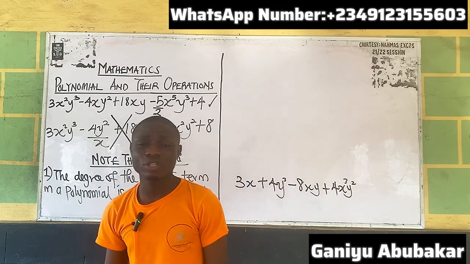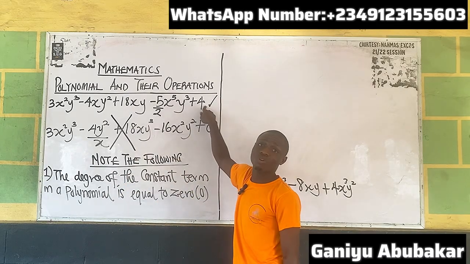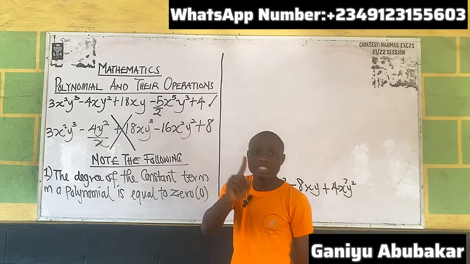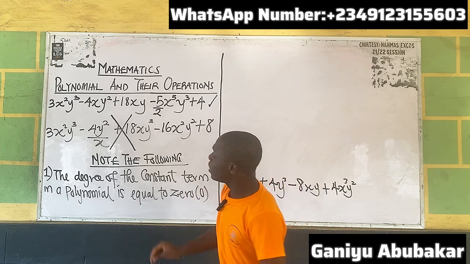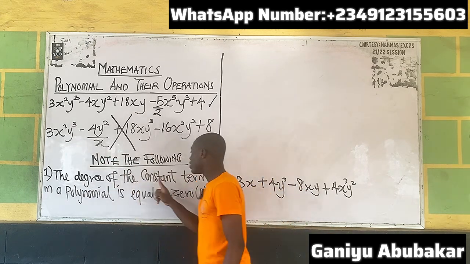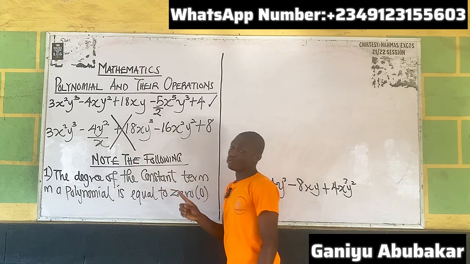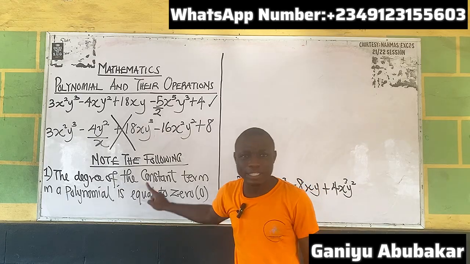In that case, they become the constant term. Why? There was no x or y attached to this 4. So this 4 becomes a constant term. And I'm saying that the degree or the power or the index of a constant term in a polynomial is equal to 0. Please know this.